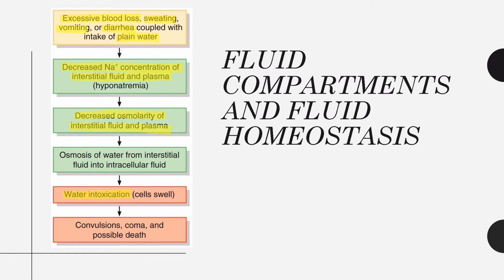Now, because your body's going to try to maintain homeostasis across all the fluid compartments in your body, the net result is going to be osmosis of water from the interstitial fluid into the intracellular fluid, so into the cytosol of the cells. So we're trying to balance out the osmolarity between all the fluid compartments in the body. So we're having an excess amount of water going into our cells.